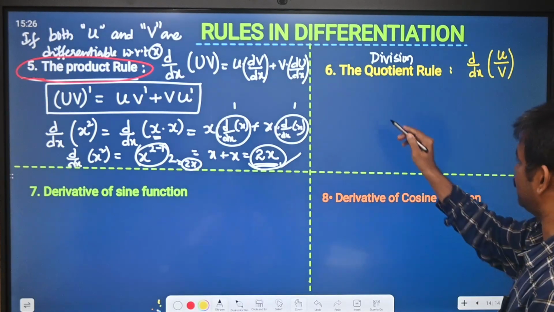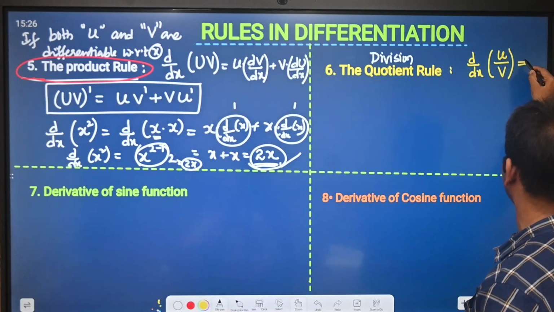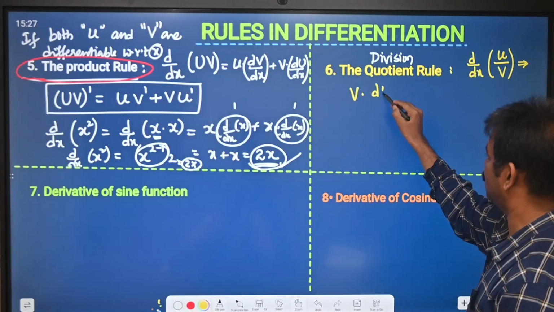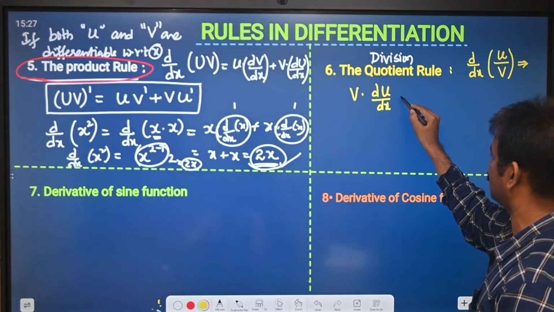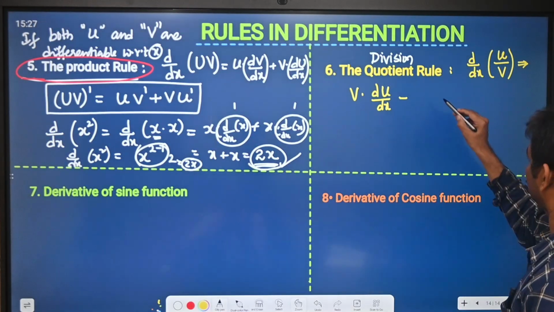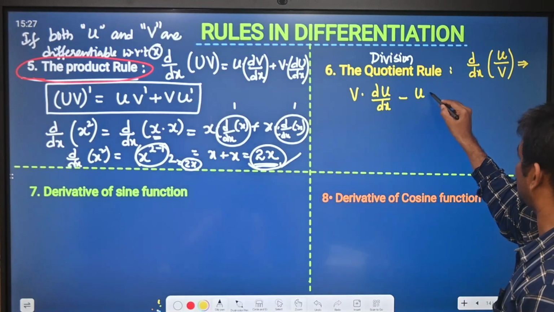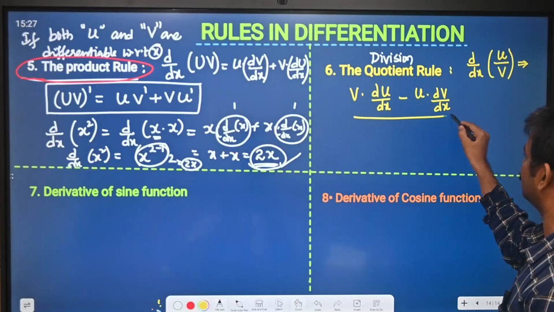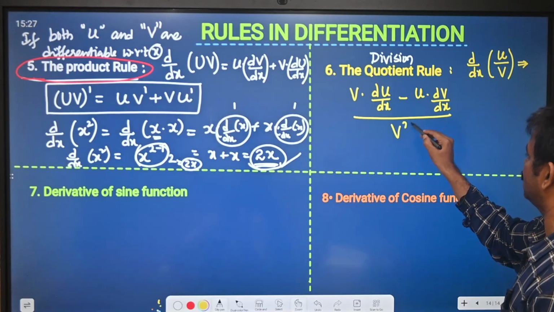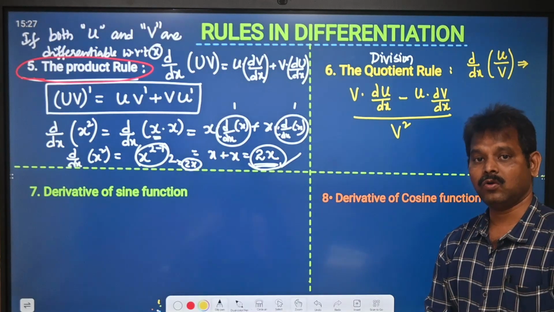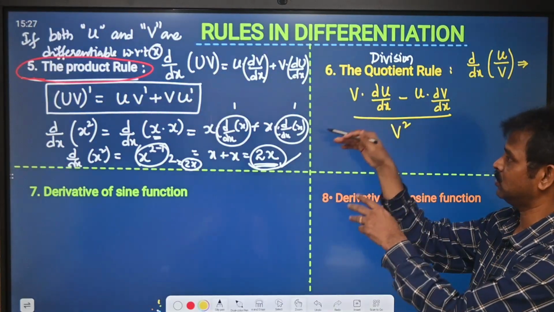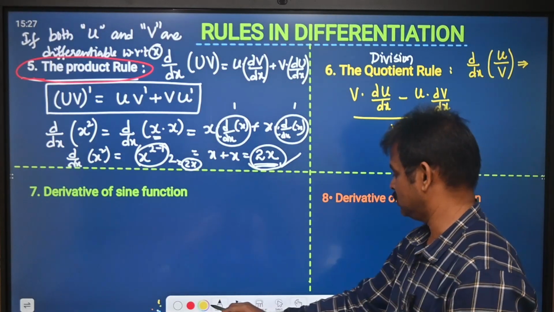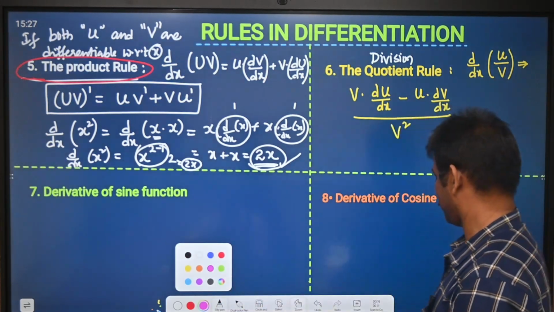Such problems, first the direct formula: this is equal to the denominator v into derivative of the numerator minus the numerator into derivative of the denominator, by square of the denominator. This is the quotient rule. We will solve some problems based on these formulas, but we have to remember this formula carefully.